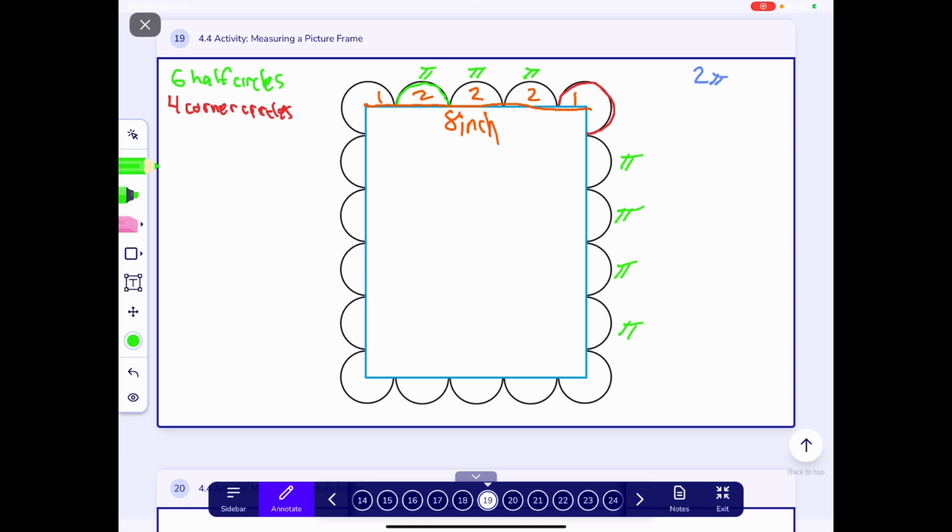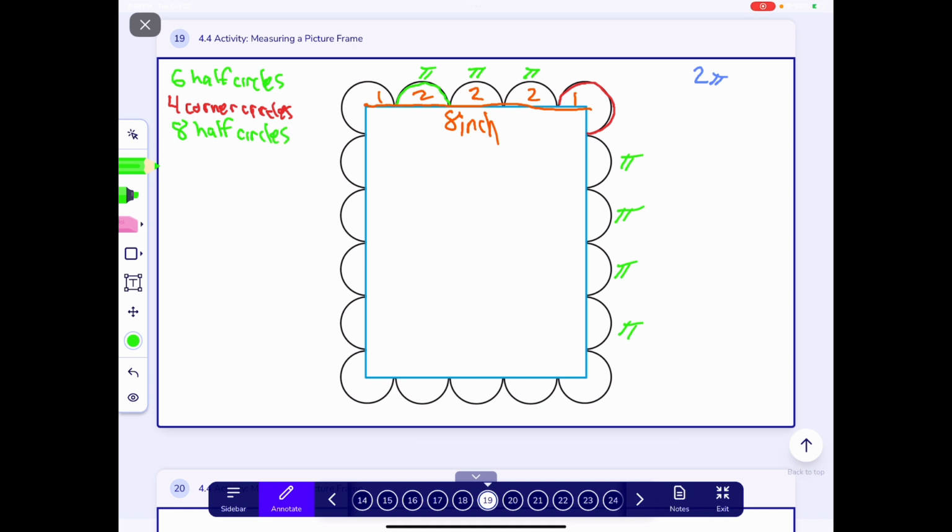And how many half circles do we have around the whole frame? We have 3 on the top, 3 on the bottom. And then you have another 4 on the right side and 4 on the left side. So another 8 half circles. How many is that all together?